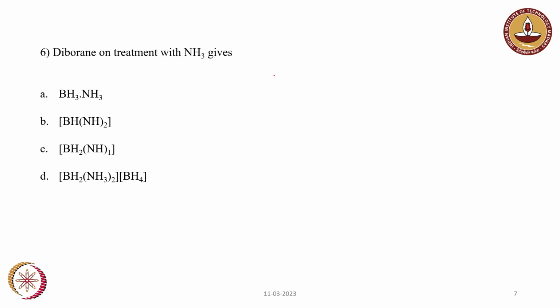So diborane is B2H6. It has a structure with two hydrogen bridges between two borons, and when we use NH3, which is a compact and hard Lewis base, it will cleave in an asymmetric manner. So it will cleave like this.